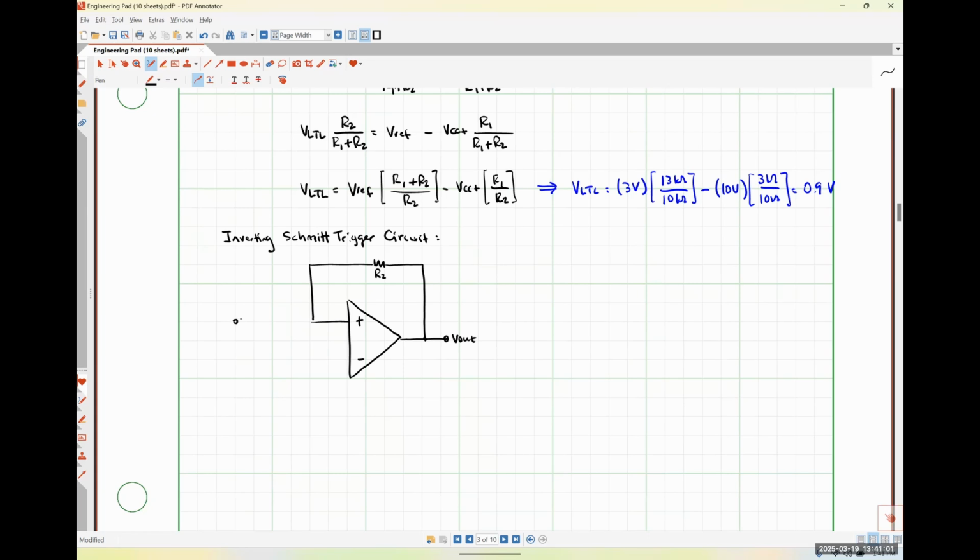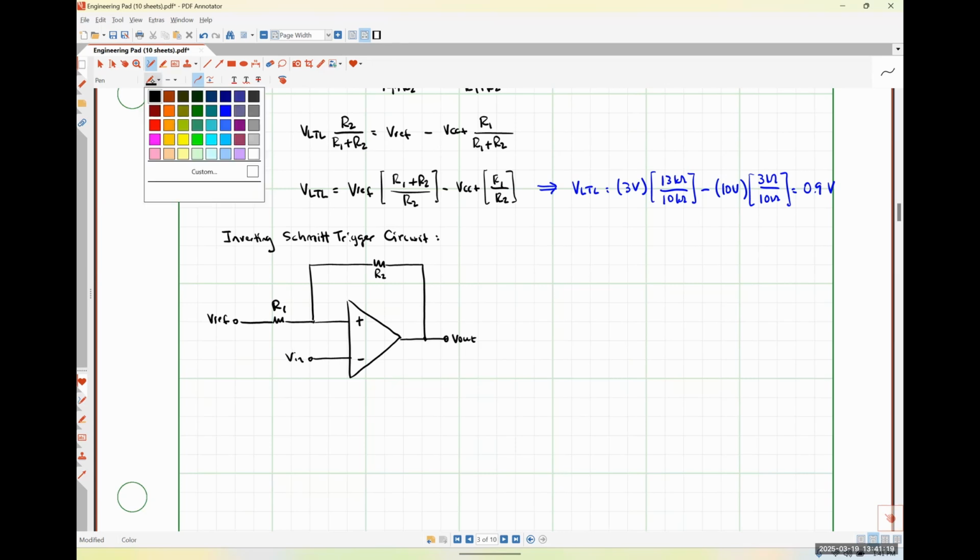Between my reference signal here, Vref, and my non-inverting input pin, I'm going to have the resistor R1. And then down here, I'm going to apply my input signal directly to my inverting input pin. And just for what it's worth, here's VCC plus, and here is VCC minus.